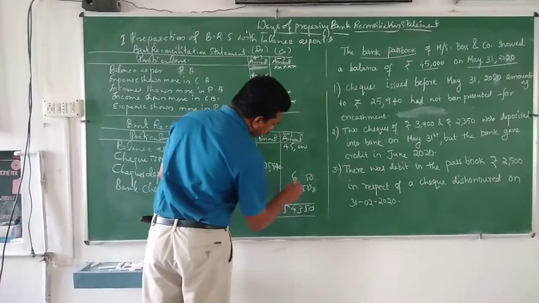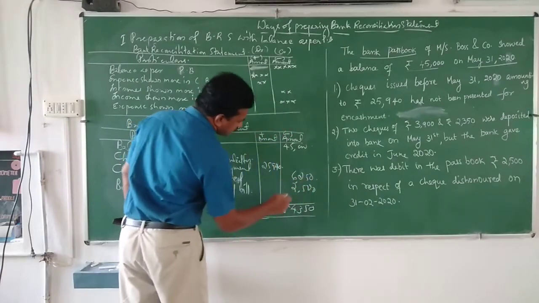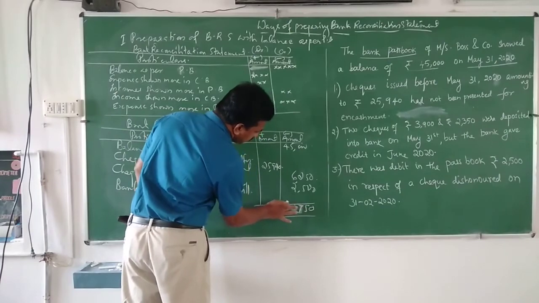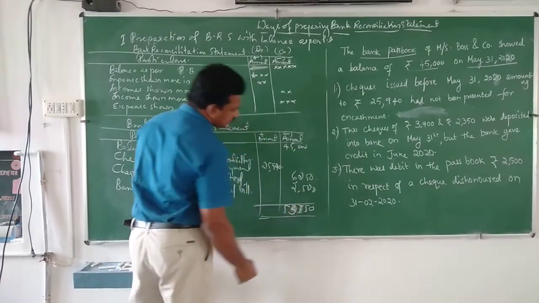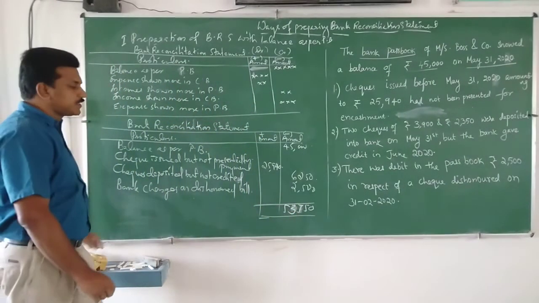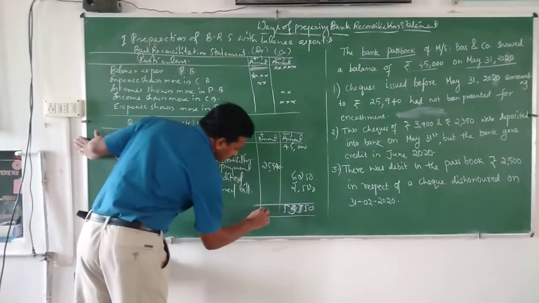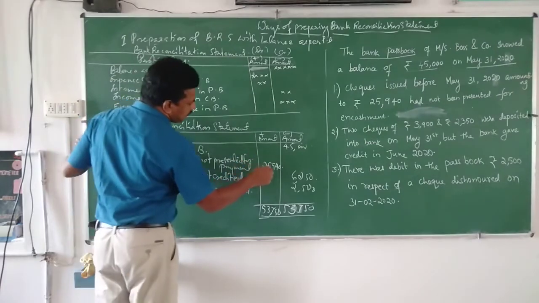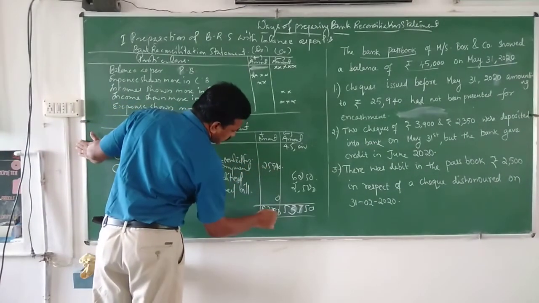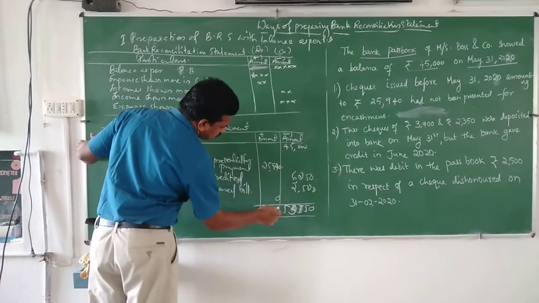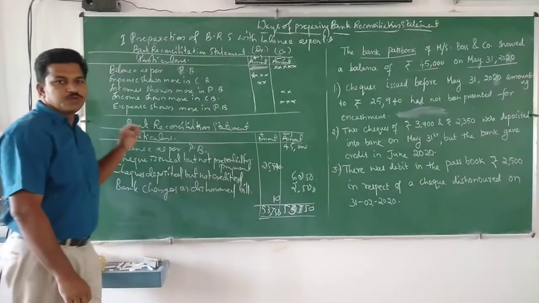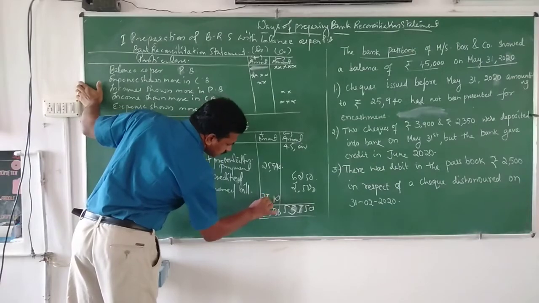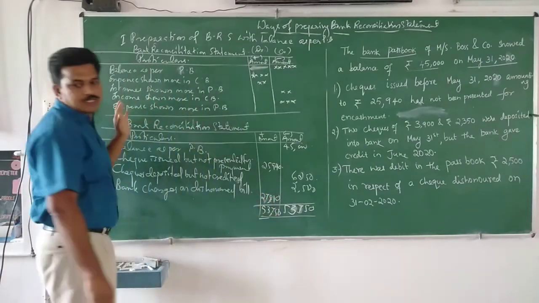It is 6,250. So it will be 53,750. Okay, 53,750. So then we can take here 53,750. So we will get 27,810.